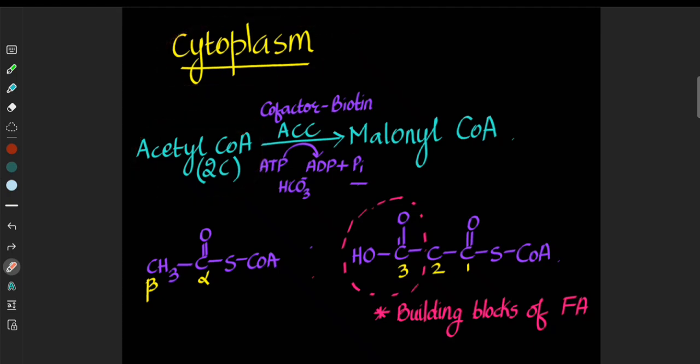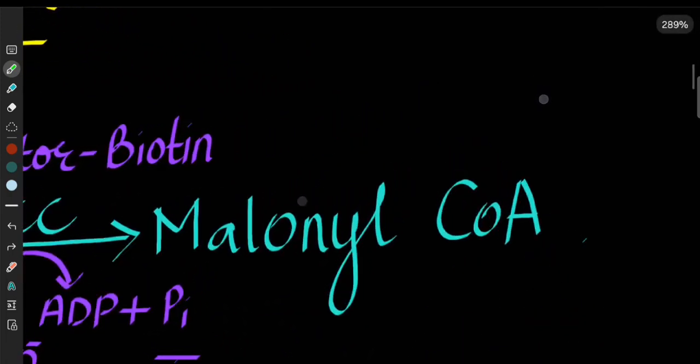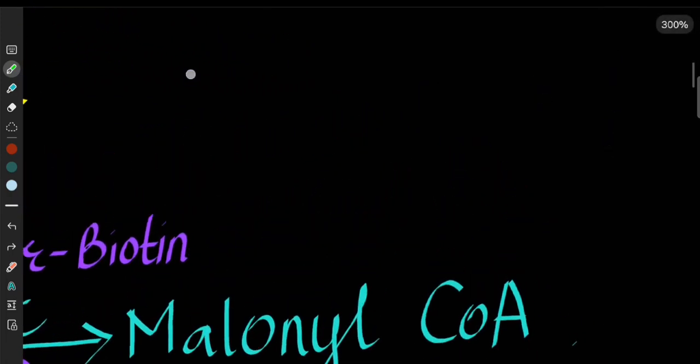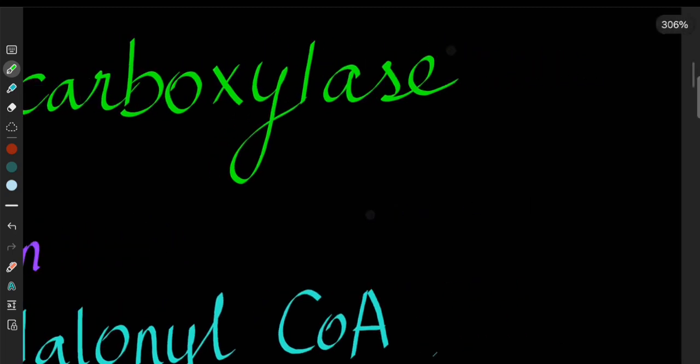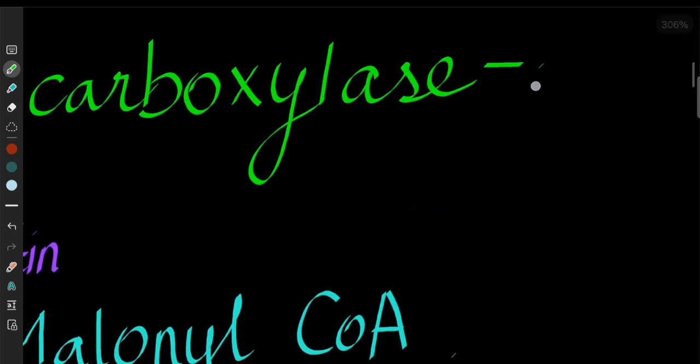Now there is an enzyme called acetyl coenzyme A carboxylase. As I told you, carboxylation means, I'm just going to write it down. Carboxylase means to add a carbon, right? So we have to add carbon, and decarboxylase means it will remove one carbon, right?